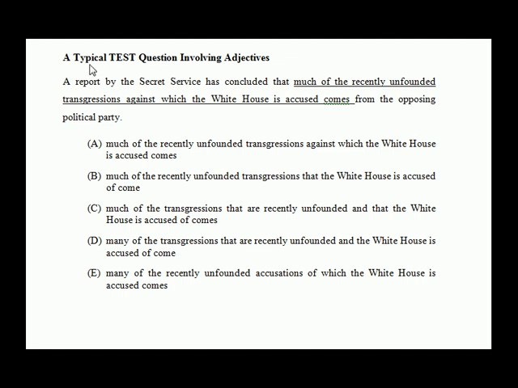So the next question is a typical test question involving adjectives. A report by the Secret Service has concluded that much of the recently unfounded transgressions against which the White House is accused comes from the opposing political party. Now there are quite a few words here, so what you should typically do is quickly scan the answer choices.